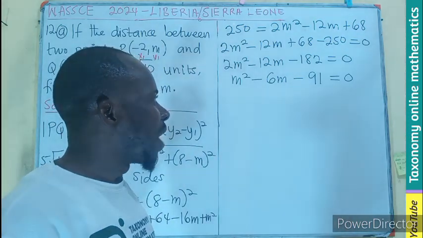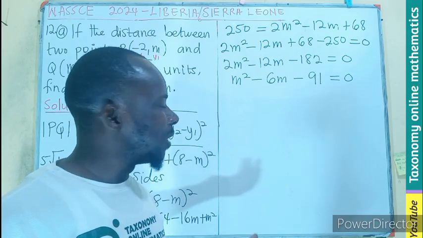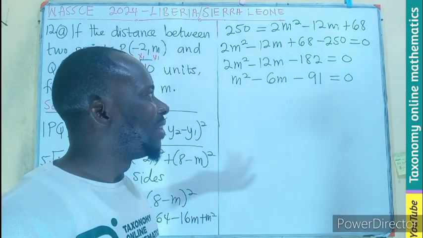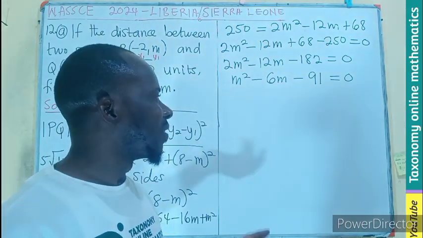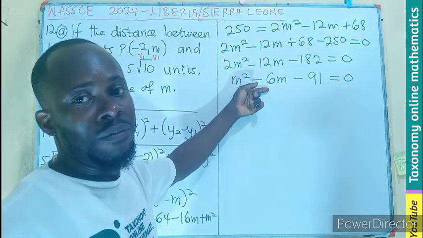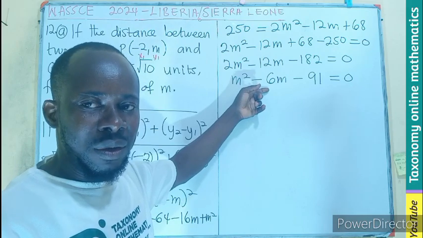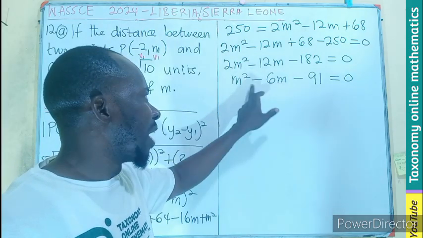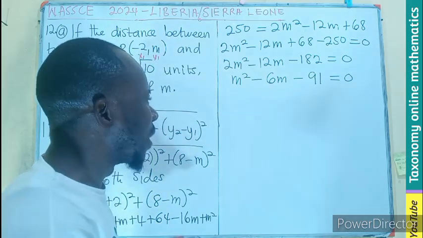All right. If you find factors of 91, I believe 1, 7, 13, and 91 itself. So let's see which pair will give us a subtraction of minus 6. 7 plus negative 13 will do that magic, giving us negative 6. Their product will give you negative 91.